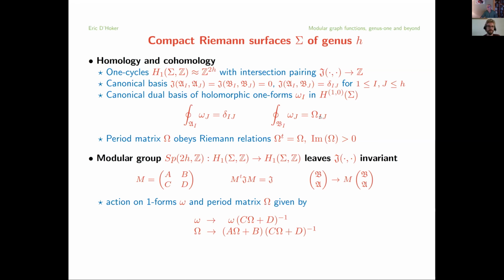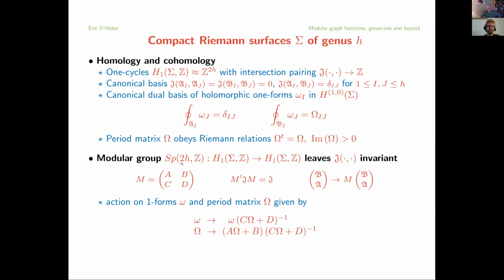And then their value on B cycles is determined by what the Riemann surface is. And this matrix is the period matrix of the surface. By the Riemann relations, it's symmetric, and its imaginary part is a positive matrix.